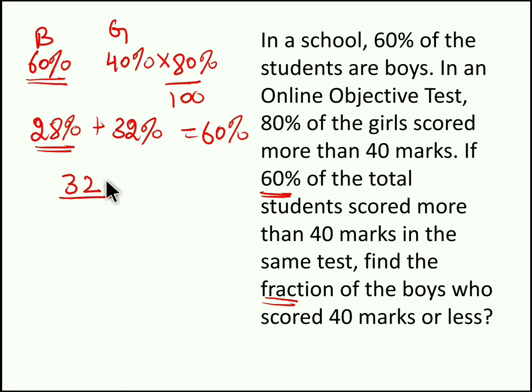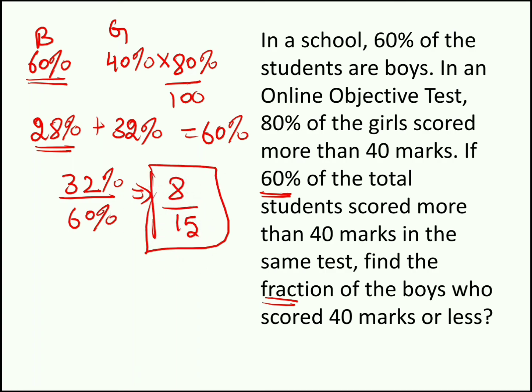So 32% out of 60% scored below 40 marks. So 32 by 60 you get 8 by 15. So 8 by 15 becomes our answer.